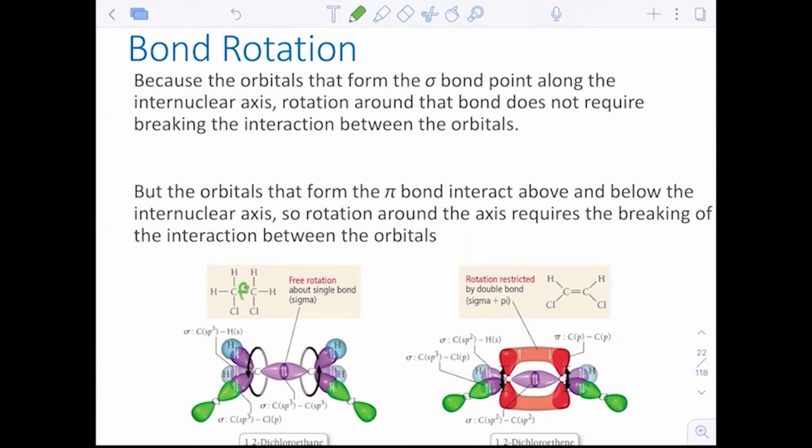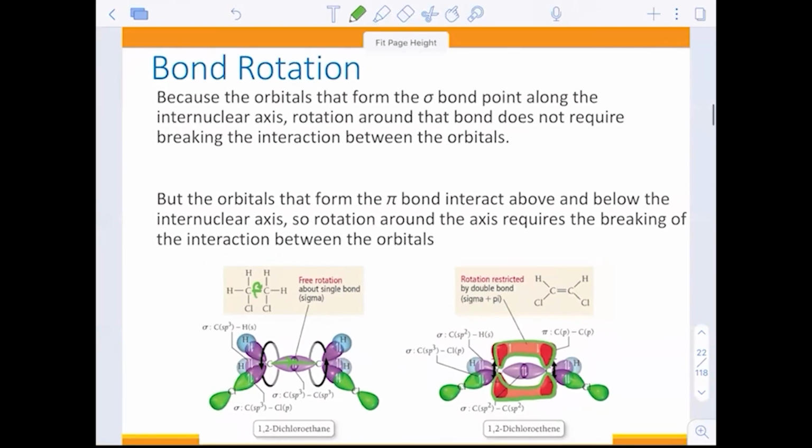Think about holding hands with someone or just yourself. You can do it with yourself too. There's that free rotation. You can kind of flip your hands back and forth. When you have a double bond, there is restricted rotation because of this new bridge on top and the bridge on the bottom. You're locked in place. And that's going to be something we'll see later on as well.